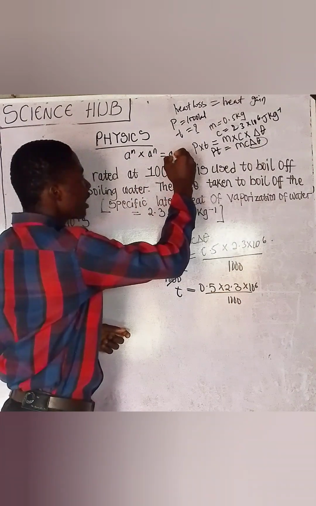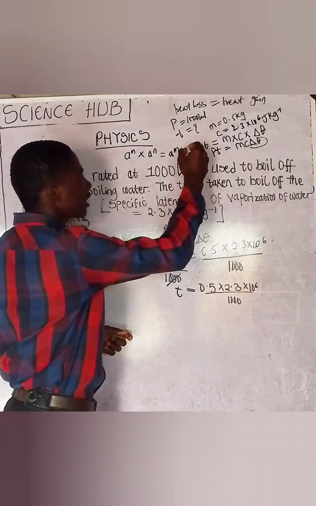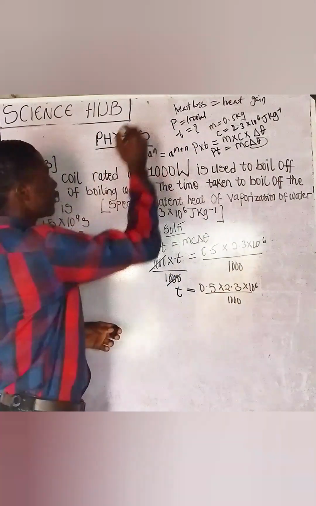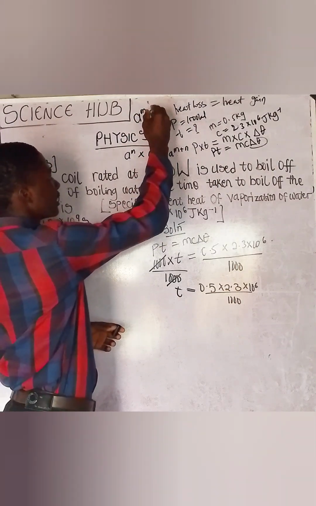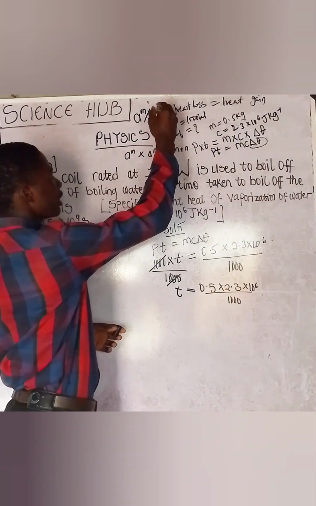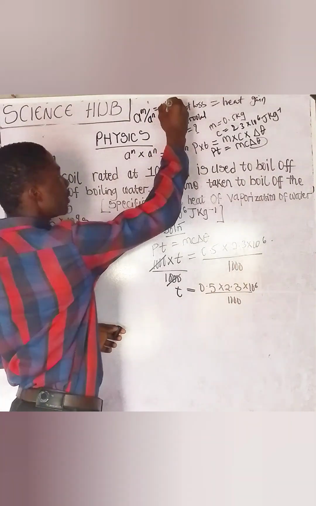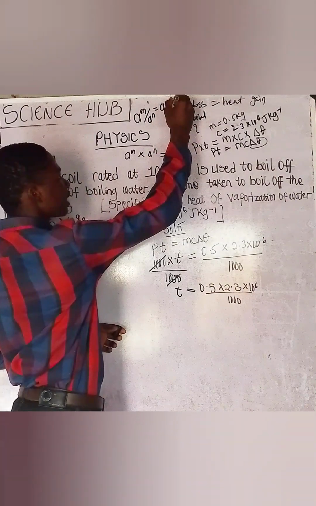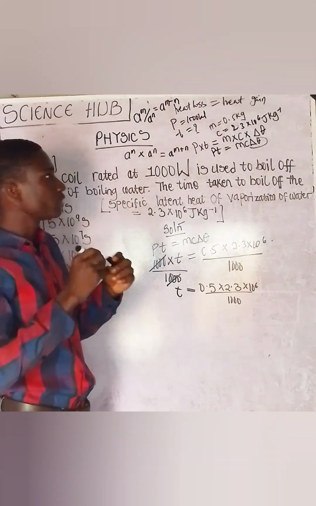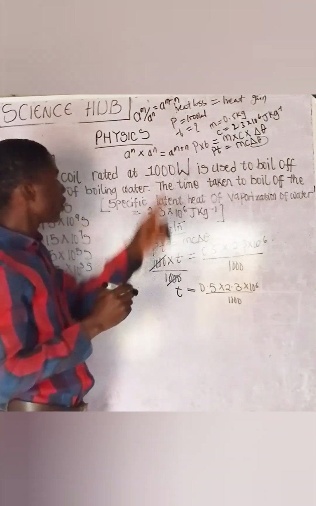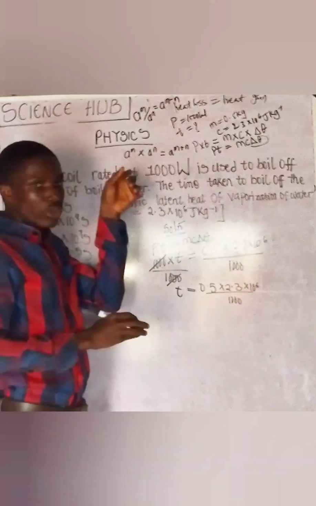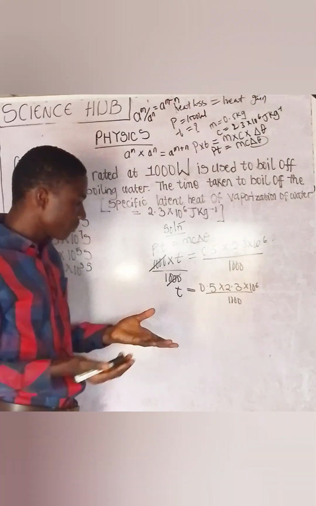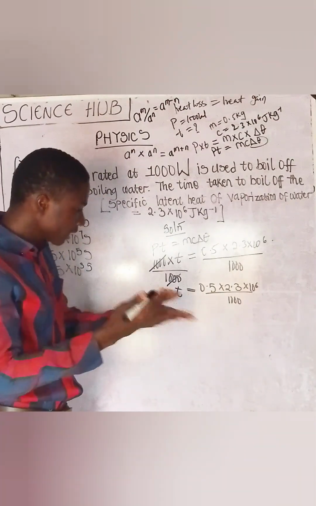So that will be a raised to the power of m plus n. Is that clear? But if you have a raised to the power of m divided by a raised to the power of n, you are going to do a raised to the power of m minus n. You subtract the powers when it is divided and add the powers when multiplication is involved.